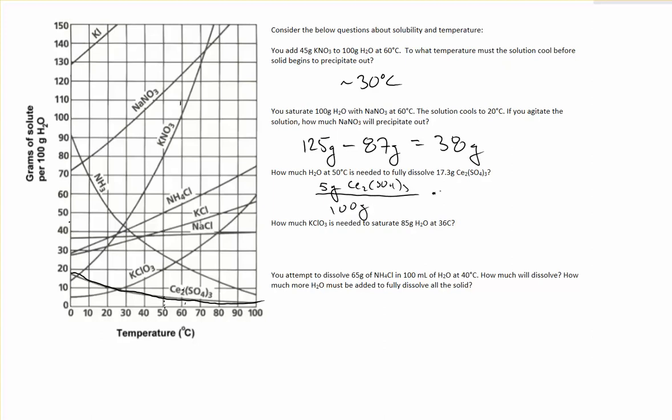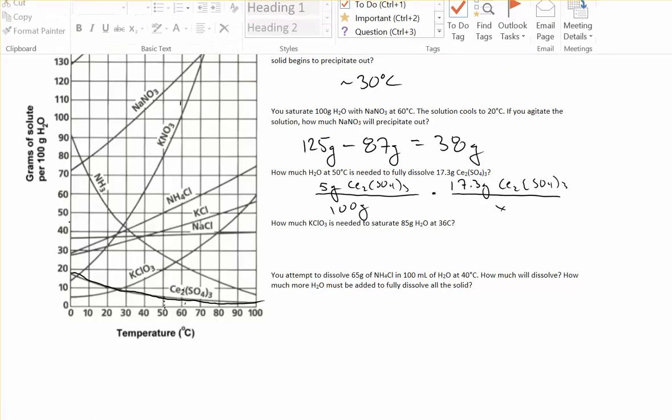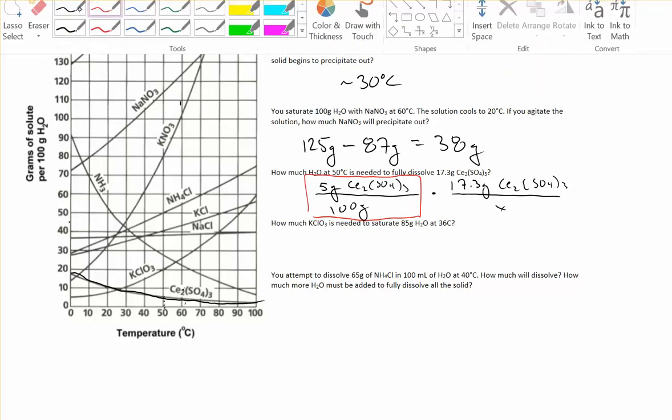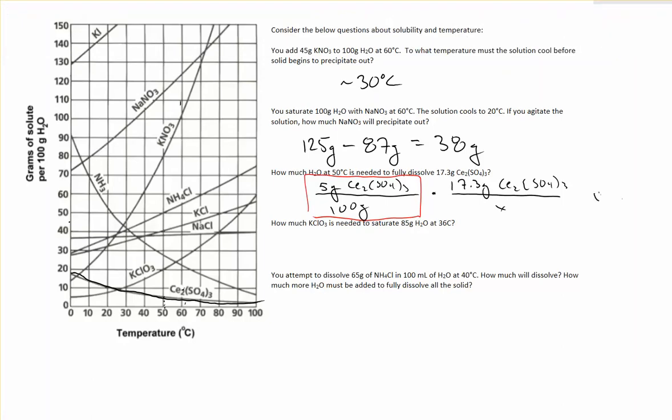However, we don't want to dissolve 5 grams, we want to dissolve 17.3 grams. So we're going to have to use the information we read off of the chart, which is right here, to solve for a different amount of cerium sulfate. And it turns out when you do this math, you find that you need 346 grams of water.